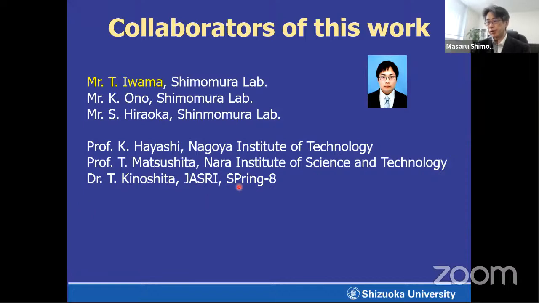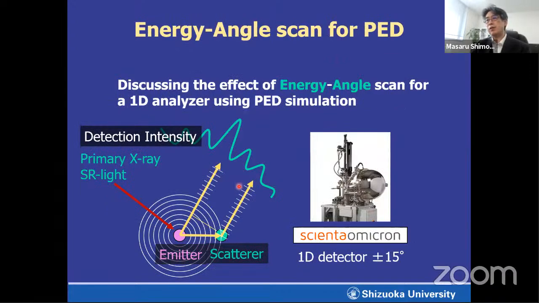I have a little more explanation about the photoelectron diffraction, so I will briefly explain the results. In the beginning, I said that photoelectron intensity changes as a function of detection angle. However, in the case of photoelectrons, we can also change the primary X-ray energy.